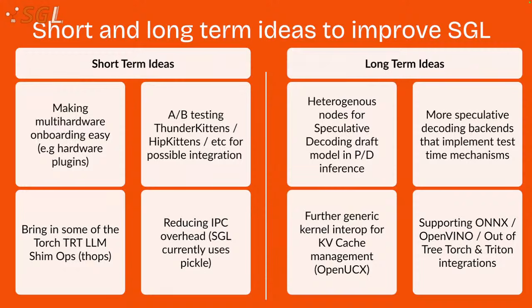This falls into the same idea as the A/B testing of ThunderKittens and HipKittens. And then last but not least, I think we would have a major win, something that's already been implemented in SGL diffusion, by reducing the serialization overhead for how we pass messages. As I mentioned earlier, ZMQ is a major dependency, and we do serialization between these different processes.